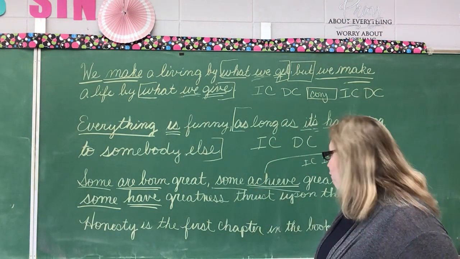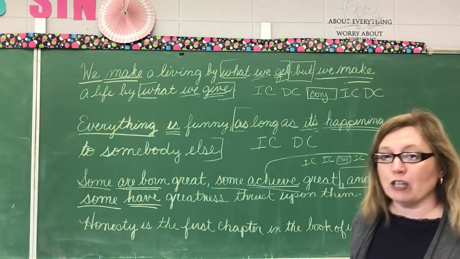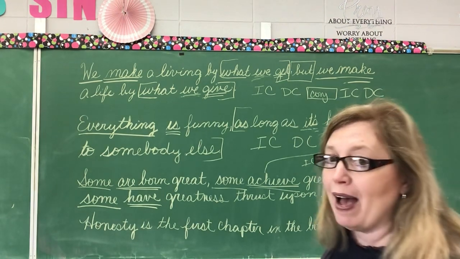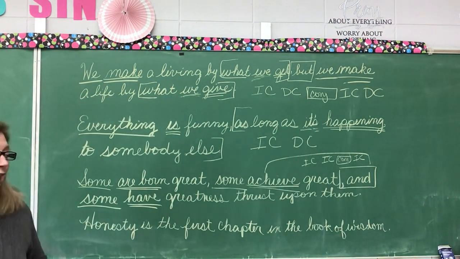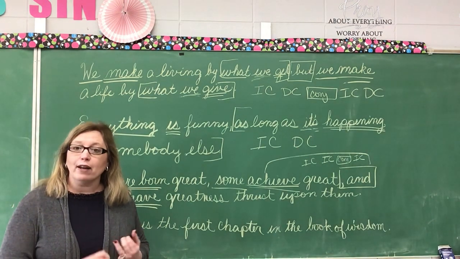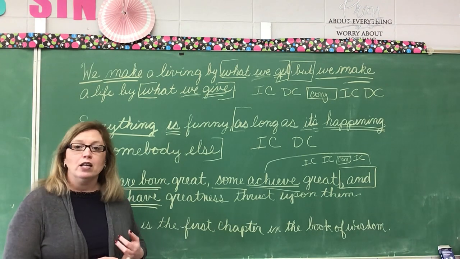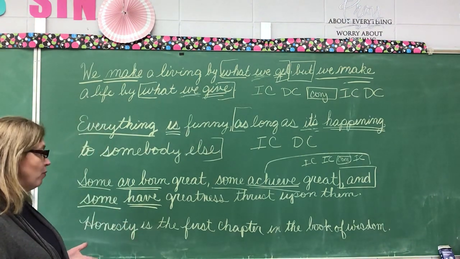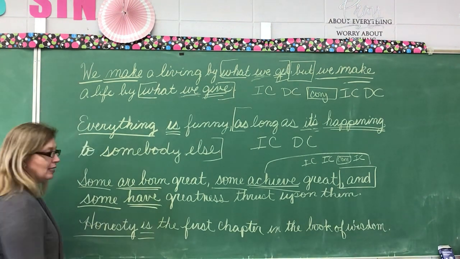Look at the next one. "Honesty is the first chapter in the book of wisdom." So the first thing we're going to look at is, do you have a conjunction and a comma? No, you do not. Do you have a relative pronoun or a subordinating conjunction? No, we do not. So what do we have? Well, we have a verb, is, and we have the subject, honesty.